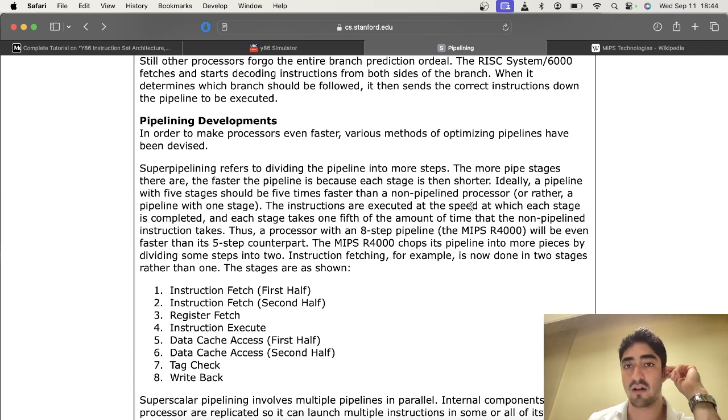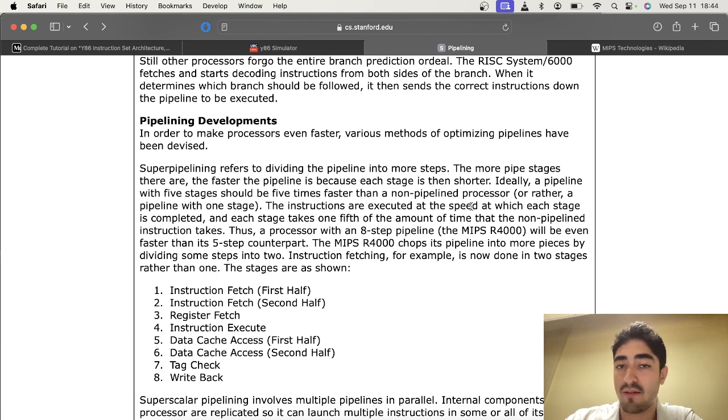The instructions are executed at the speed at which each stage is completed, and each stage takes 1/5 of the amount of time that the non-pipeline instruction takes.